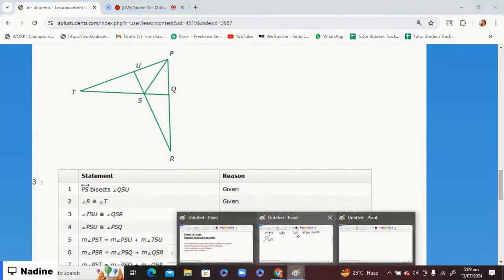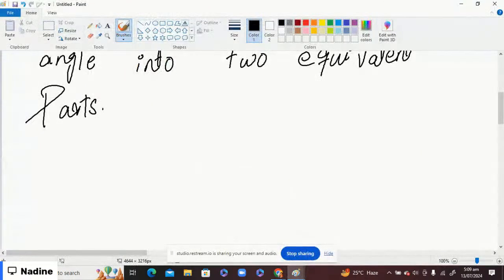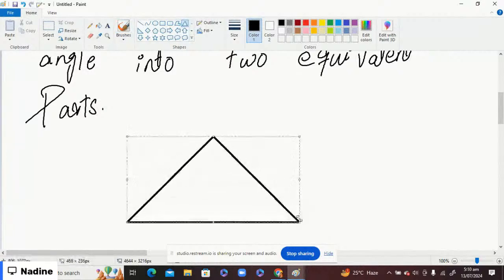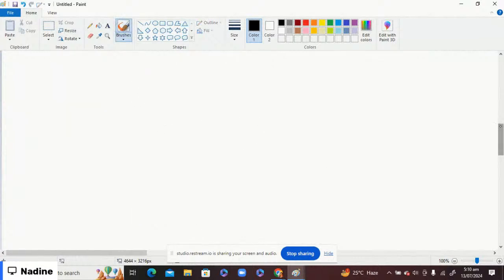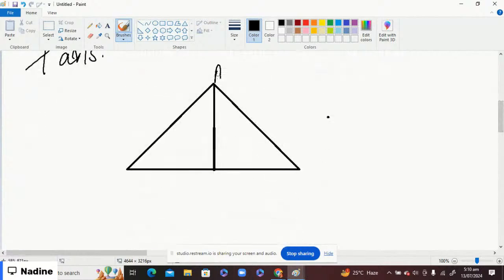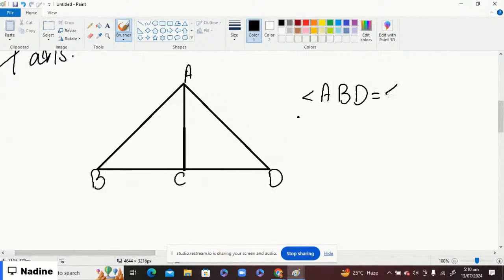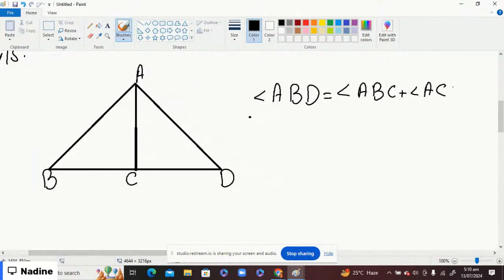For example, if I write this one and this line is divided, here is the triangle, like this is A, B, C and D. So we can say that angle ABD equals angle ABC plus angle ACD.